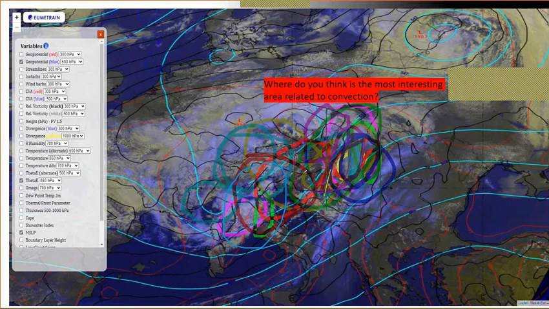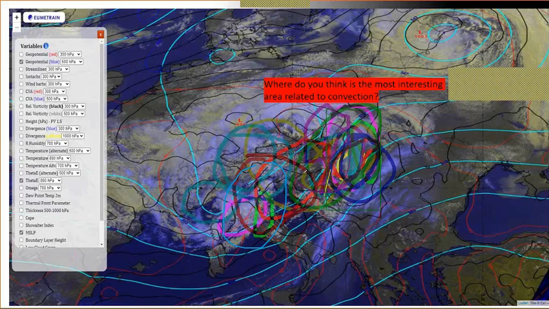What you do need more is some specific information about lifting mechanisms. I discussed already in webinar 1 that you need to focus on, for instance, areas of positive vorticity advection, or you can look at the Q vector, which is a combination of vorticity advection and temperature advection, which tells you something about the amount of divergence.